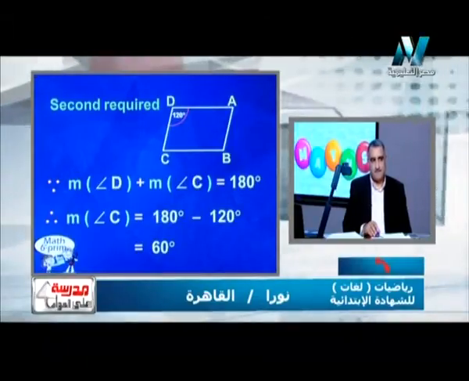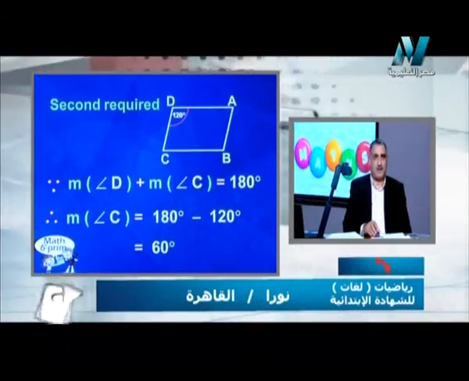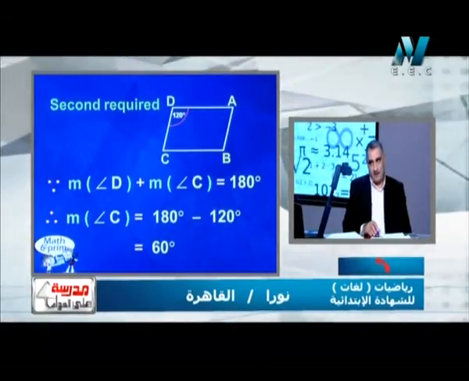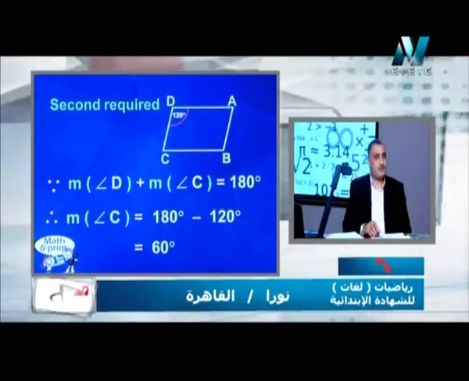It's okay. The definition of a parallelogram: a quadrilateral in which each two opposite sides are parallel. And we have a very important property.